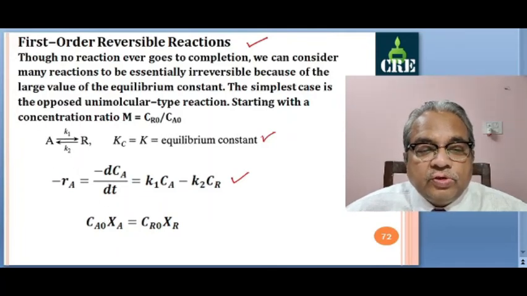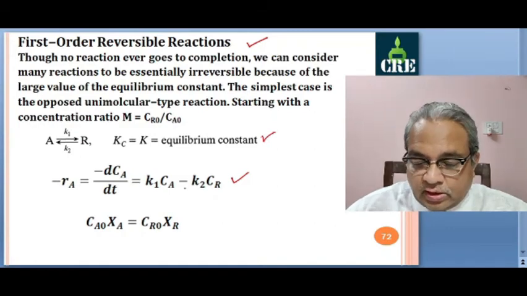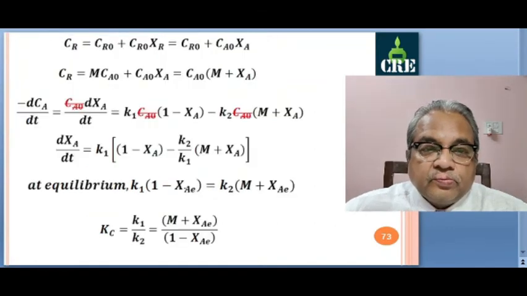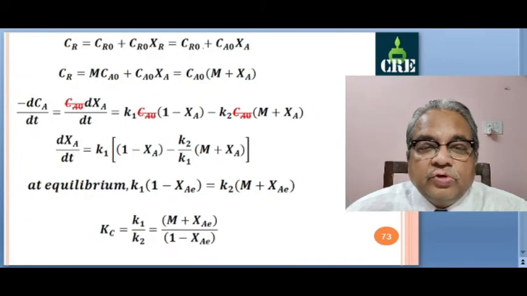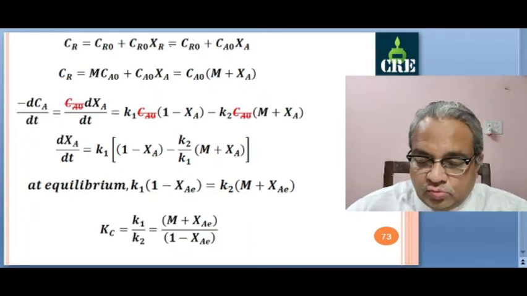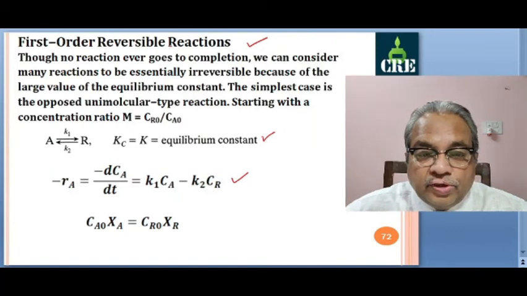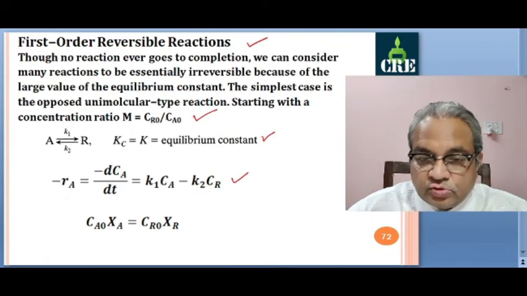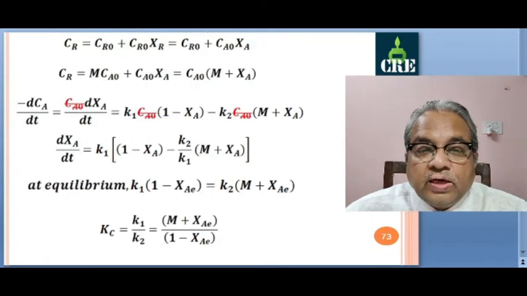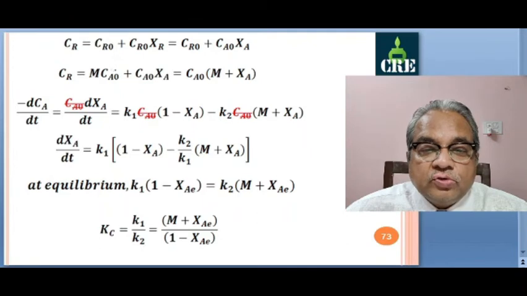Now 1 mole gives 1 mole, so CA0XA will be equal to CR0XR. CR is CR0 plus CR0XR, and we know CR0XR is CA0 into XA. We define the ratio of the initial concentrations as M, CR0 by CA0. So CR0 can be written as M into CA0.